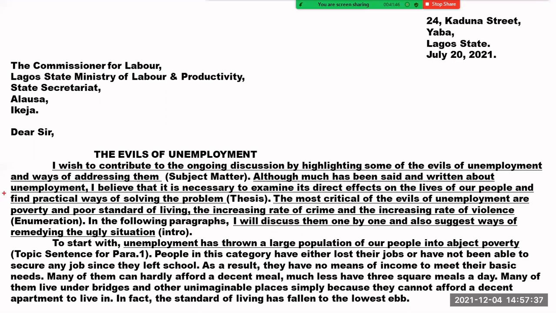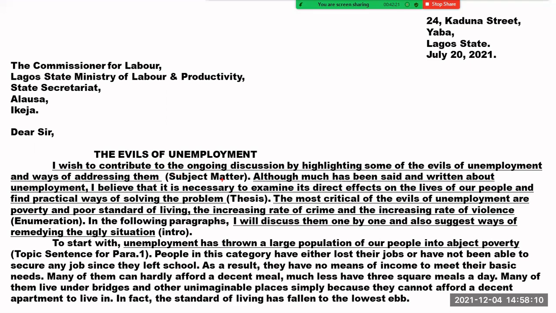Now, this is our first paragraph, and this is where we have our introduction. Our introduction should contain certain essential ingredients. So, look at exactly what we mean here. I wish to contribute to the ongoing discussion by highlighting some of the evils of unemployment and ways of addressing them.